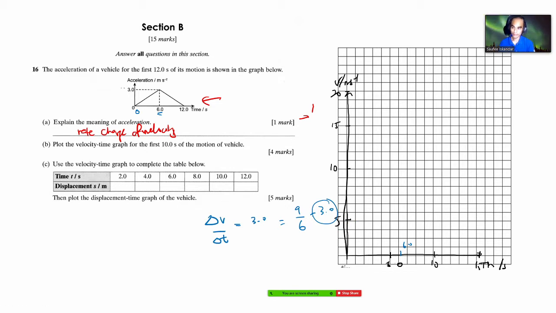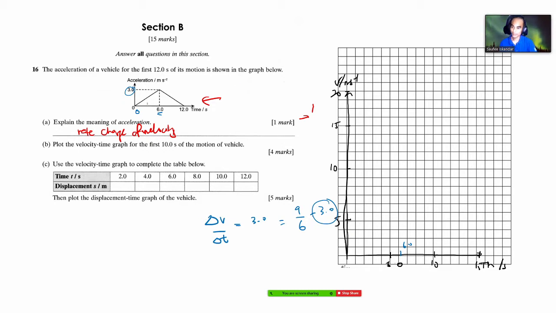You can see the numbers. I thought the area under the graph is the velocity. Area under the graph is the velocity. Yeah, acceleration. Acceleration times time is what? Velocity.